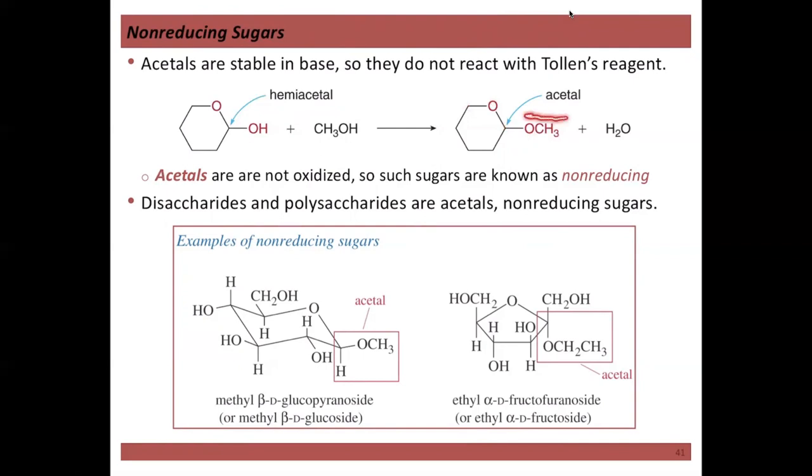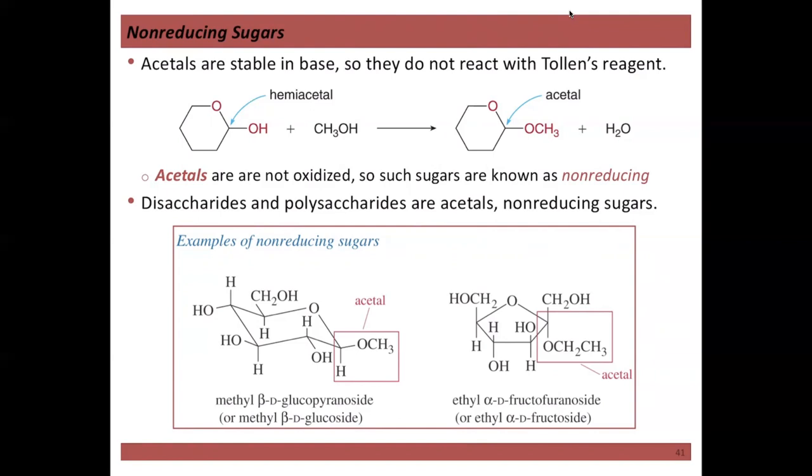But as I mentioned, those acetal or glycosidic linkages in biological systems typically aren't with methanol, as we see here, or with ethanol, as we see here. Now, there is another piece of nomenclature that we need to talk about, and that is reducing and non-reducing sugars.